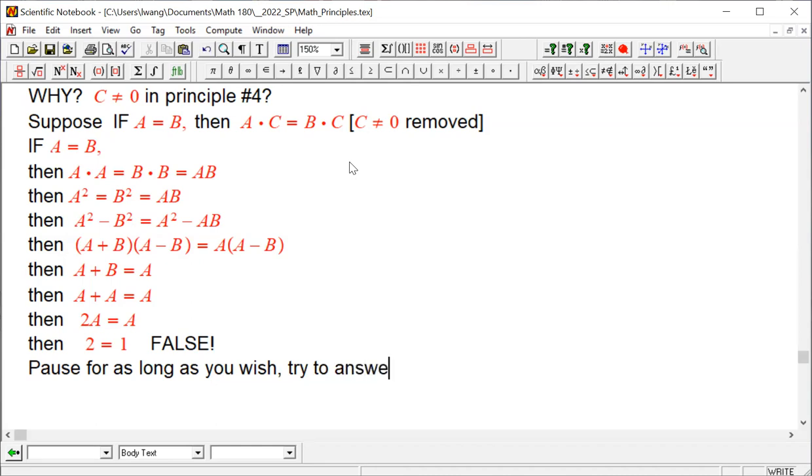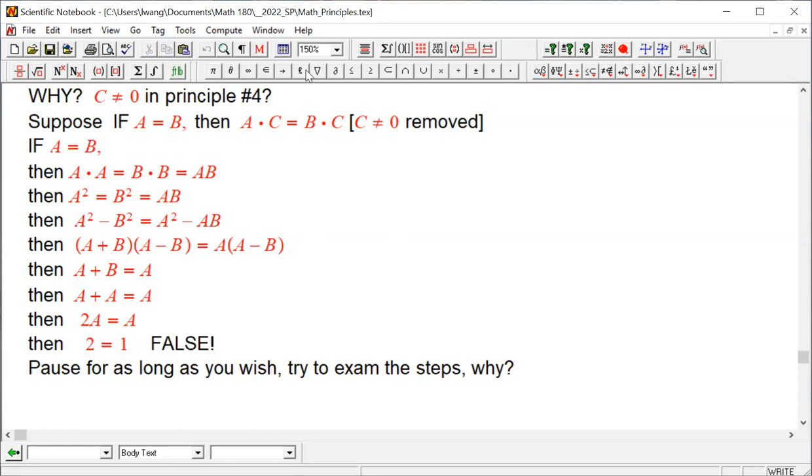Try to go back, try to examine the steps, and try to answer the question why. Because I'm going to give you the answer. So which step has caused this fatal falsehood, which could cause the collapse of the entire mathematics?